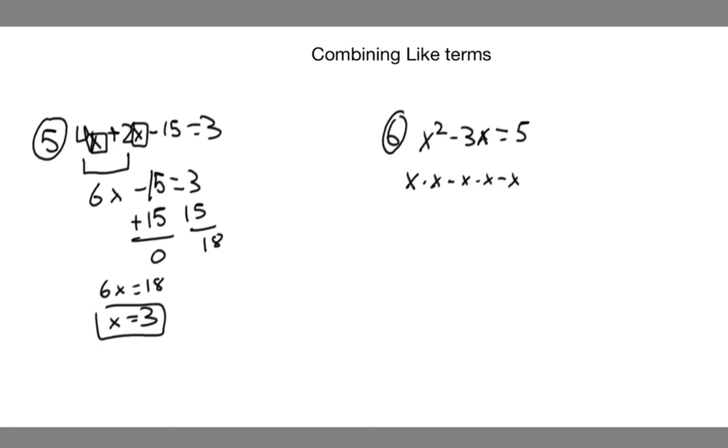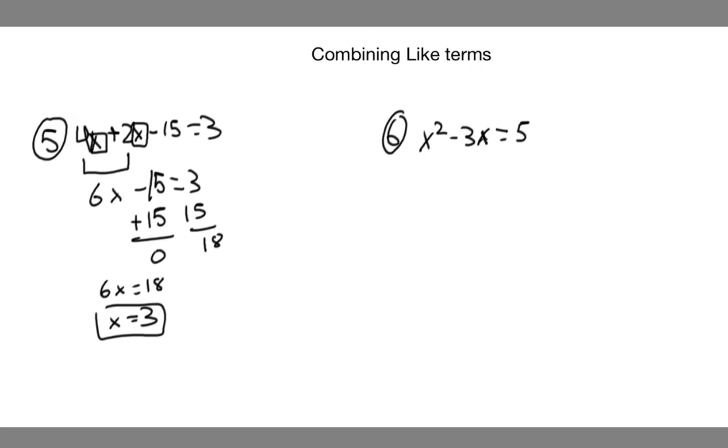It just wouldn't work because it's completely different from multiplying, so we cannot put those terms together. Instead, we'd have to solve this using the quadratic formula or another method. But since we're just beginning Algebra 1, we're not going to go into that stuff.